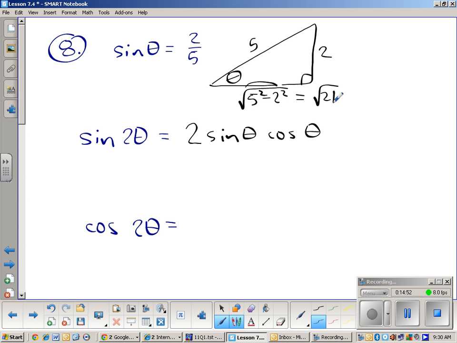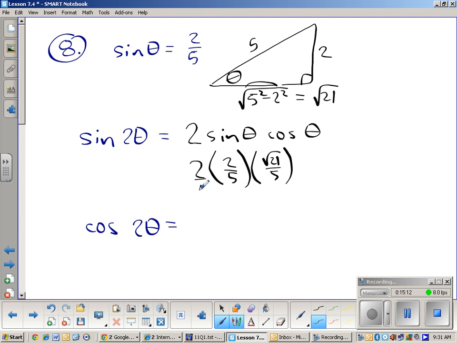Okay? And so the cosine of theta is going to be square root 21 over 5, isn't it? So this is going to be 2 times 2/5 times square root of 21 over 5. And so that 2 is really over 1, isn't it?